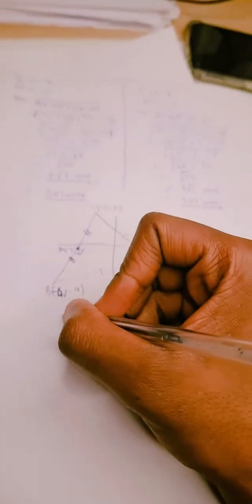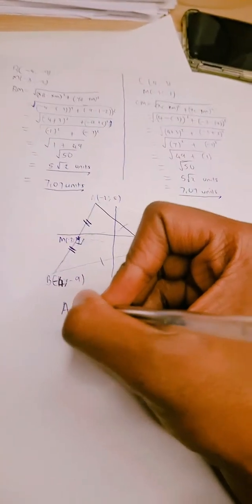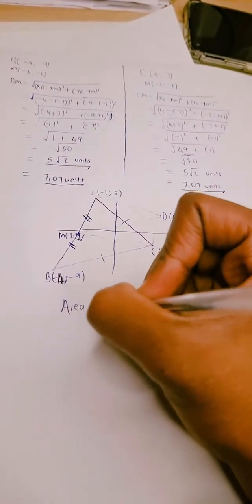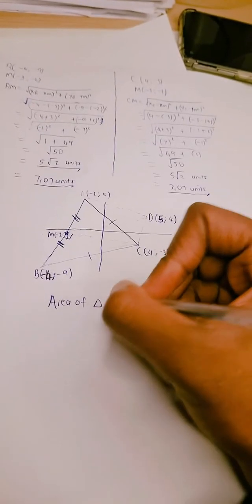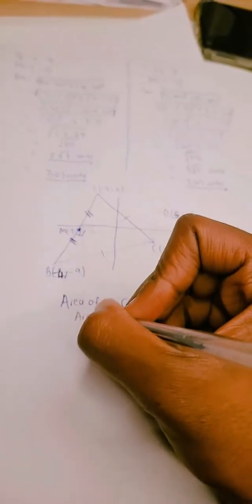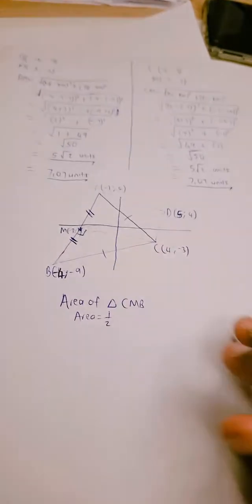Okay, if that's what you were meaning, then that's fine. So we can come here and say area of triangle CMB. First and foremost, you can say area is equal to half. Now, which one is the base here?